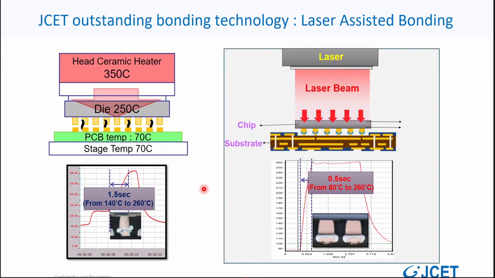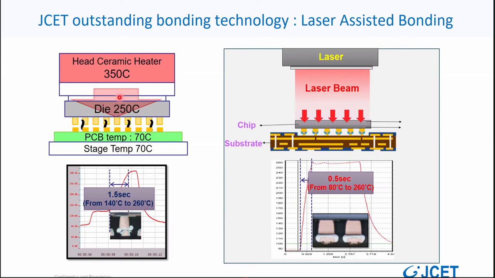So to minimize the warpage mismatch, we developed this. We are also working on this laser assisted bonding process to reduce cost. Another consideration is that laser assisted bonding contributes less stress on the ultra-low-K back-end material. That is the reason we are working on laser assisted bonding.